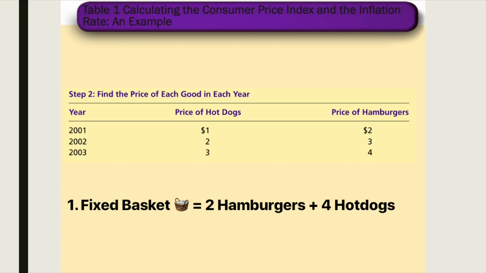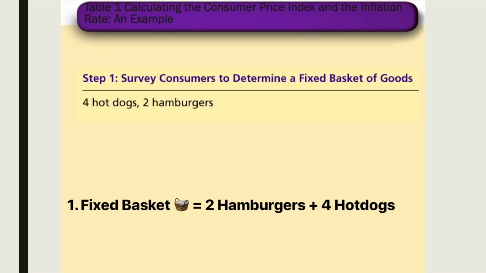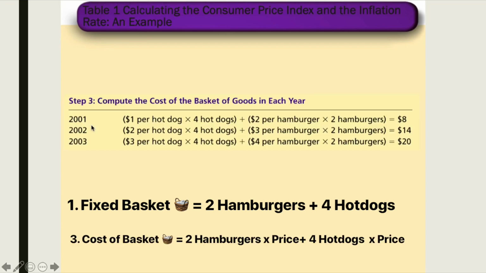Now that you have the prices down, we want to figure out that if somebody was to buy this basket which had 4 hot dogs and 2 hamburgers, how much would it cost him? If someone was to buy the basket in 2001, a basket that contained 4 hot dogs and 2 hamburgers, it would cost him 1 multiplied by 4, plus 2 multiplied by 2, which would mean $8.